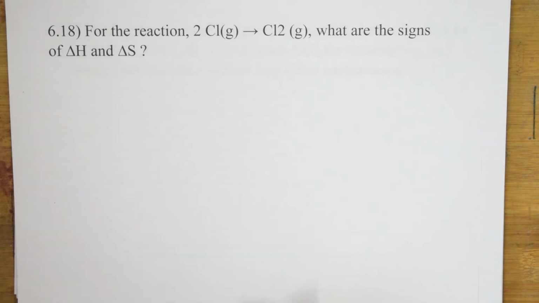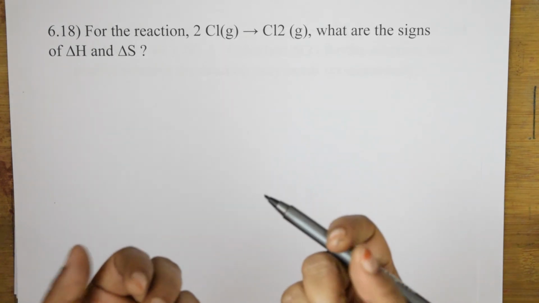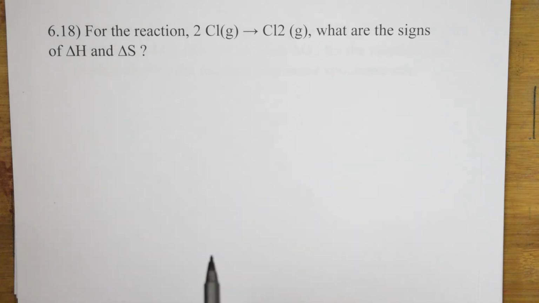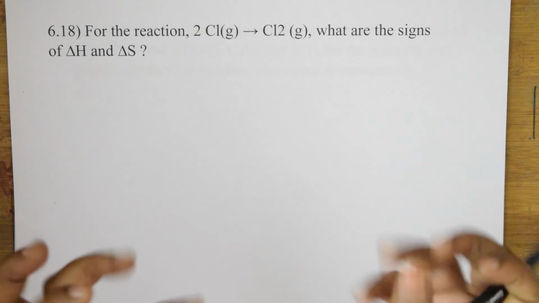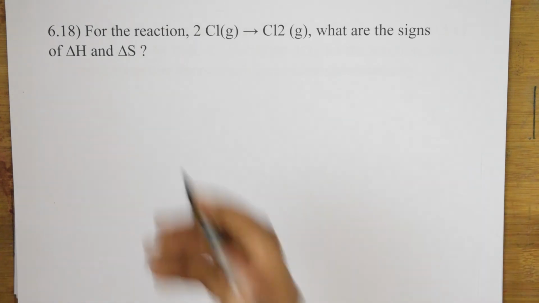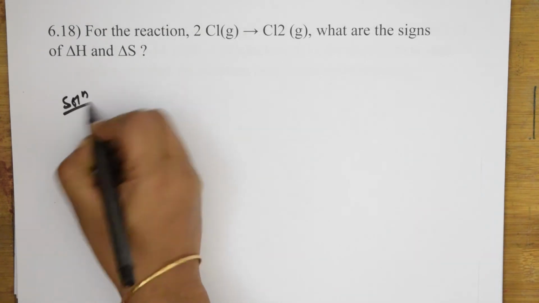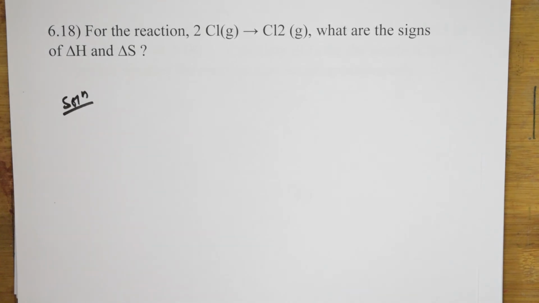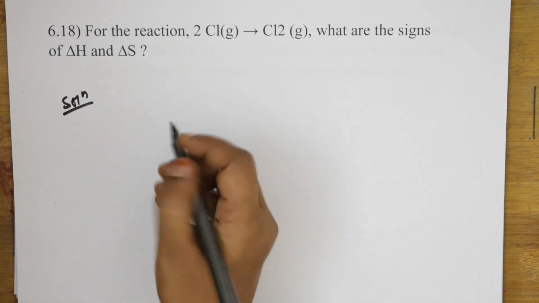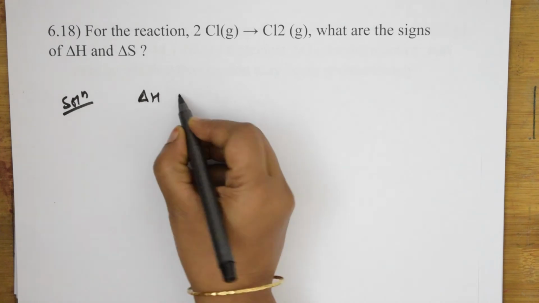Two chlorine atoms come closer to each other and your gaseous molecule is formed. So obviously when you are forming a molecule from gaseous atoms, delta H value will become negative.